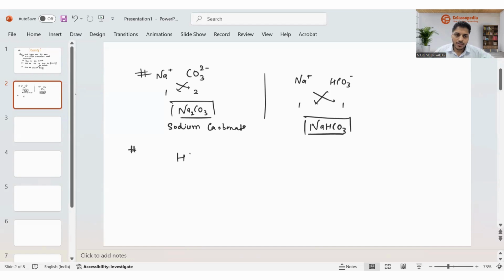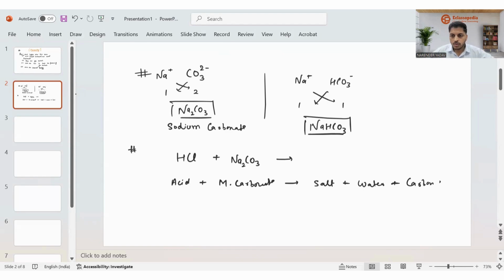Let's take the easiest acid to understand, hydrochloric acid, HCl, reacting with the metal carbonate Na2CO3. What will happen? There is a general reaction we should understand: whenever an acid reacts with any metal carbonate, it forms a salt plus water plus a gas called carbon dioxide.